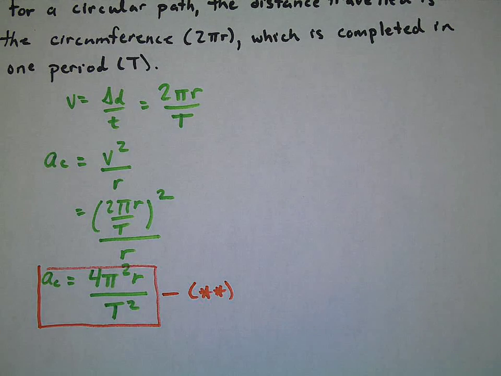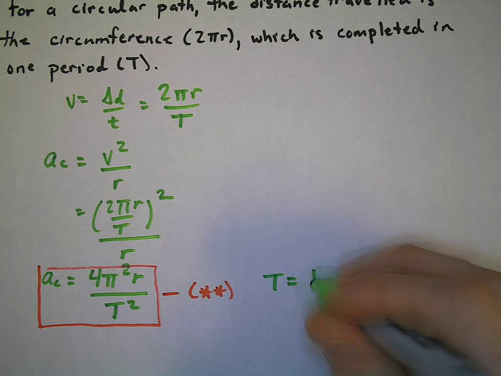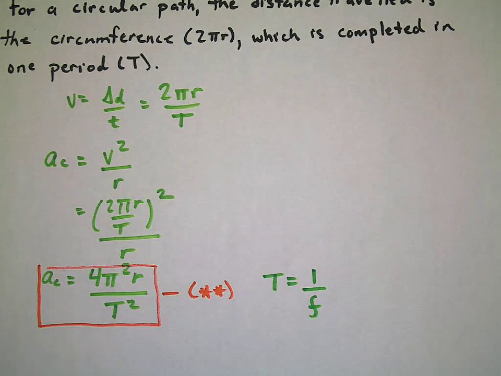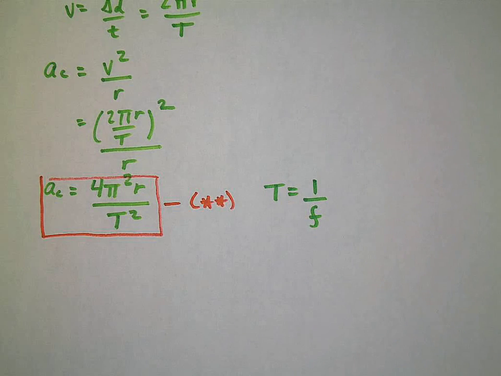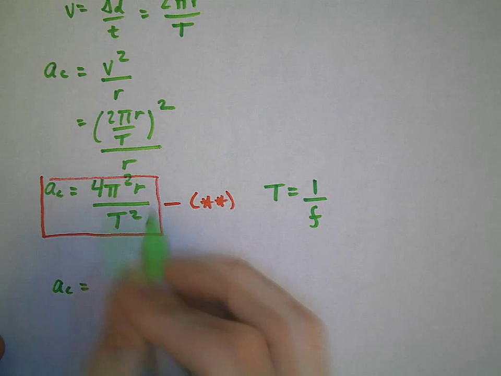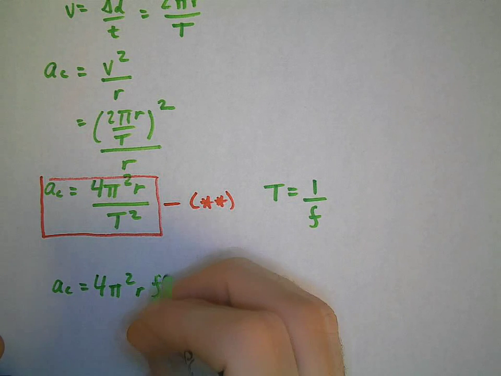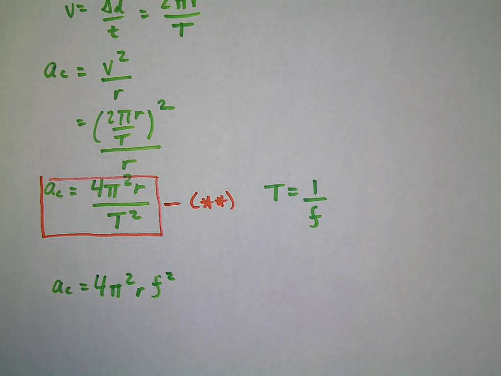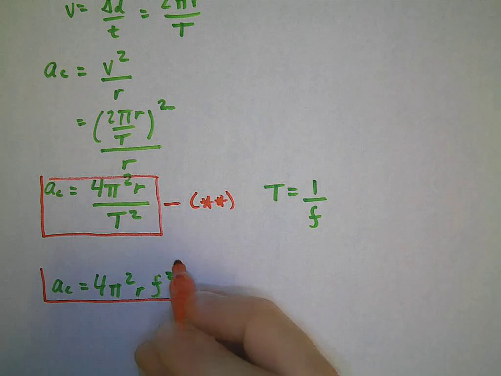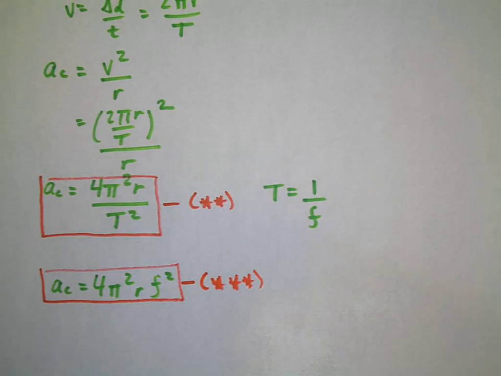Oh, but let's continue even more. Remember that the period is an inverse relationship of the frequency. So my centripetal acceleration can also be calculated if I substitute 1 over f in for t. Now it will give me 4 pi squared r f squared. So we have 3 different calculations that we can use to calculate the acceleration that you might experience if you're in, for example, the gravitron or taking a curve along a road.